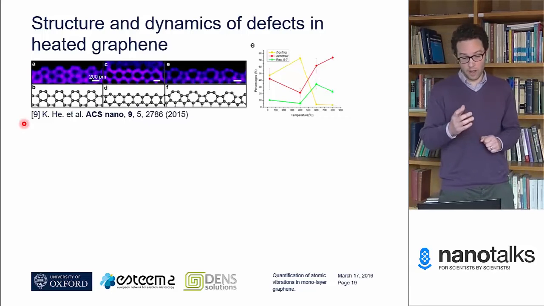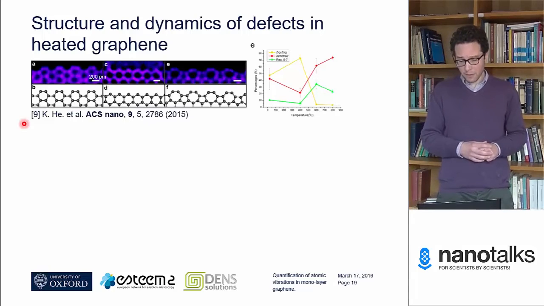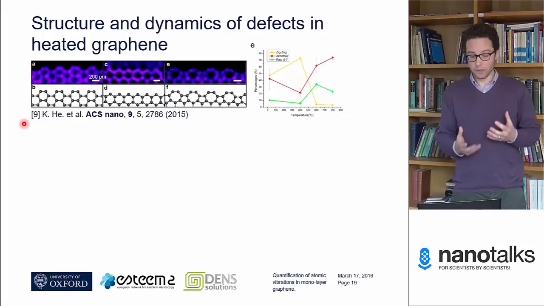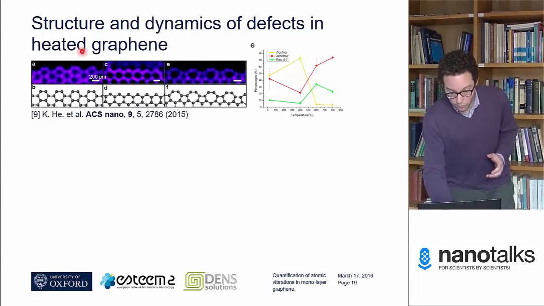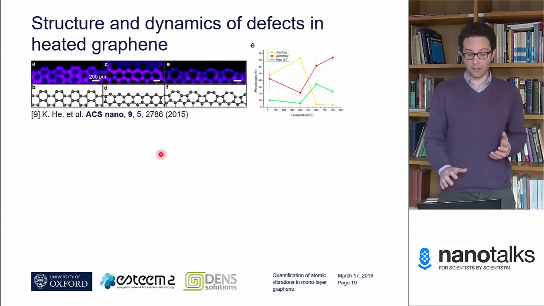So Quang found that as you heat the samples, the atomic structure of graphene edges actually changes quite drastically. At room temperature, we see, broadly speaking, an equal proportion of zigzag and armchair edge structure.